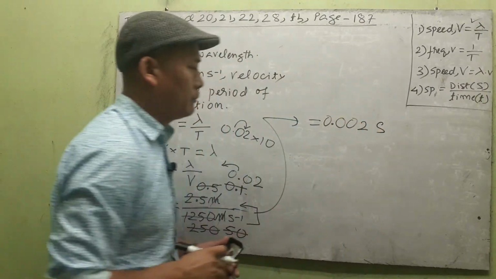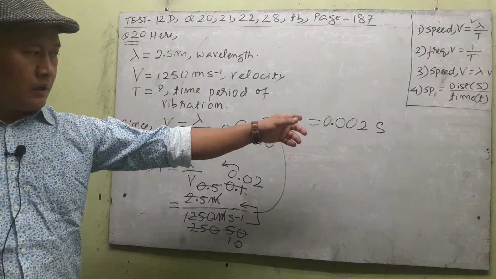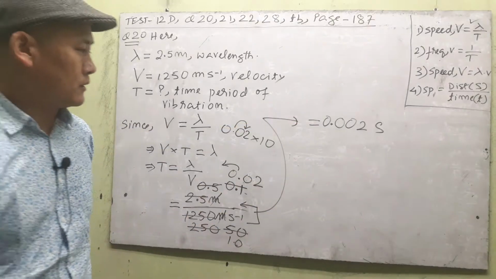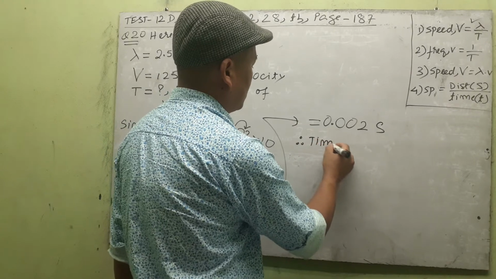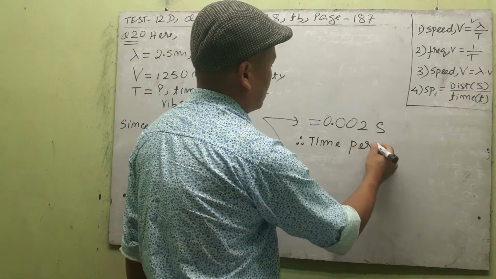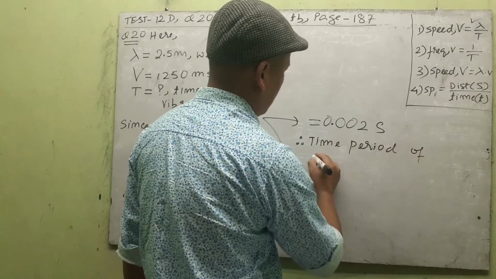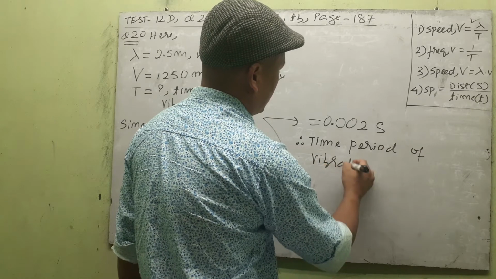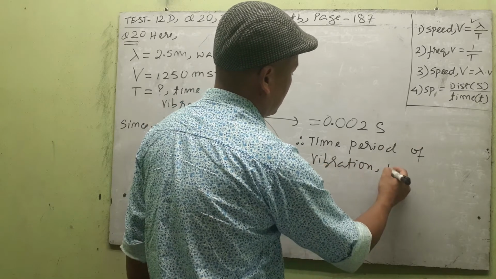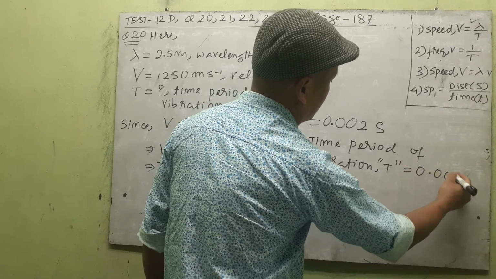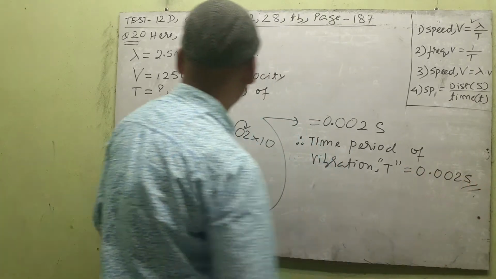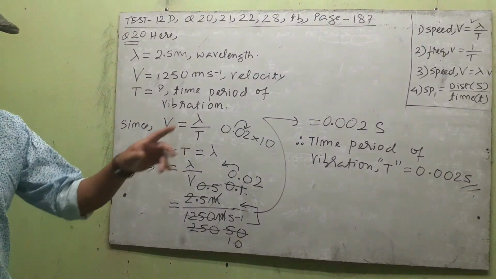So the time period of vibration is 0.002 seconds. Therefore, the time period of vibration, as we found out just now, T is equal to 0.002 seconds. That's our answer.